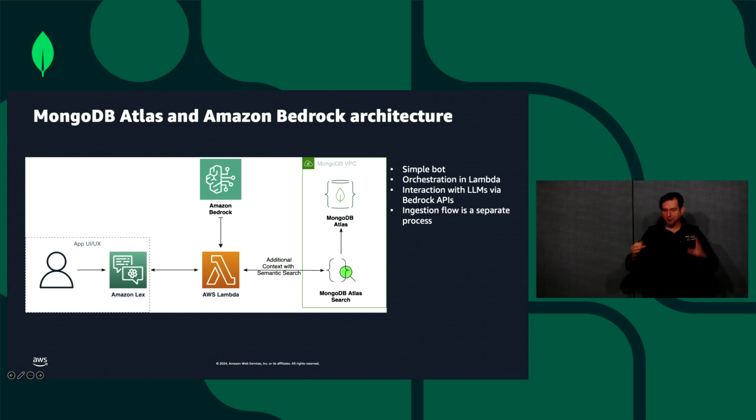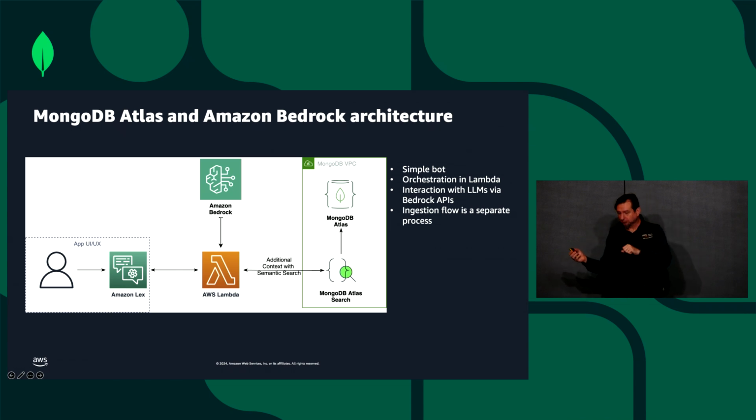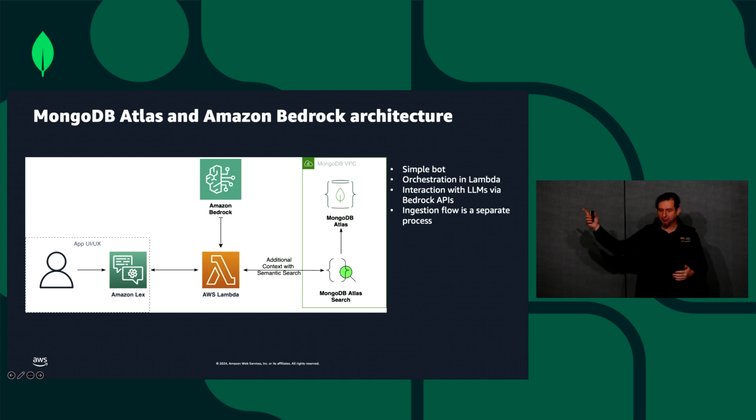The front end does not change, because that's what the application does. Compute, of course, that Lambda will be different. There will be different code to interact with an API. Context search, semantic search, the semantic search code itself does not change. You still need to have embeddings. You still need to have all the things there.